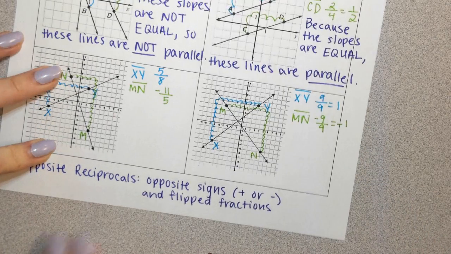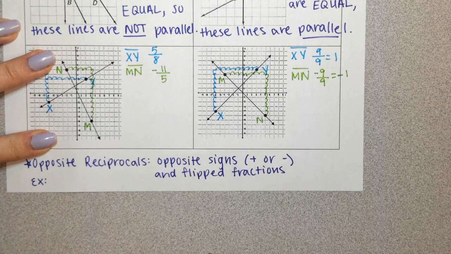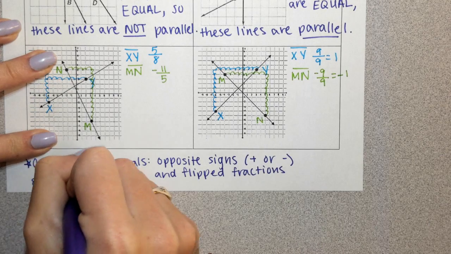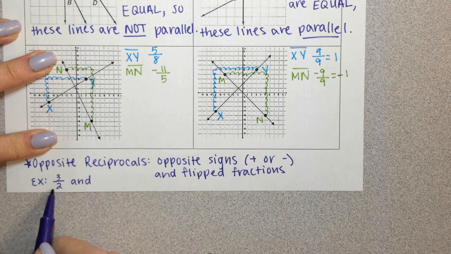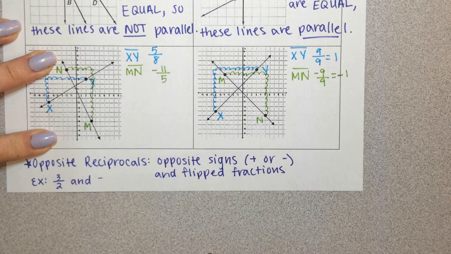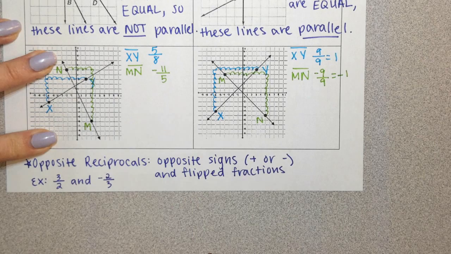Some examples of that: examples of opposite reciprocals could be like 3/2. Since this is positive, my opposite reciprocal needs to be negative, and I flip it: -2/3.